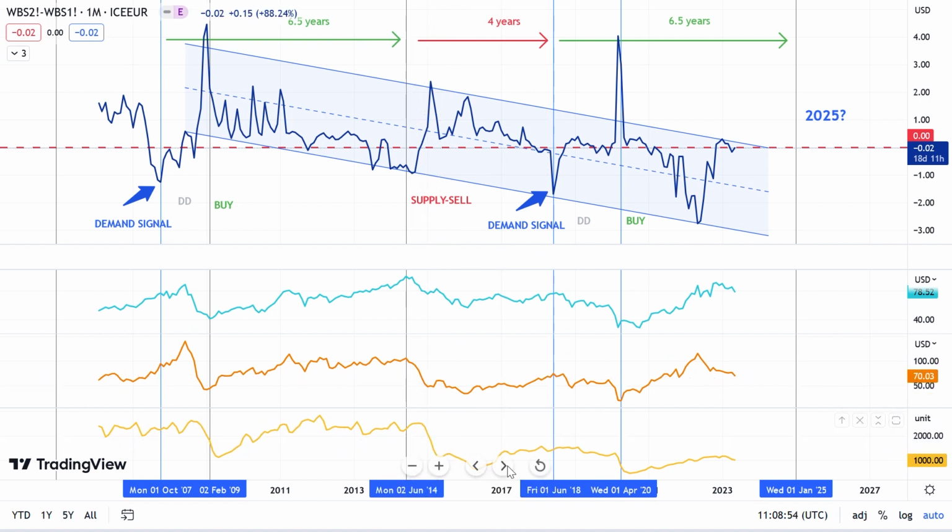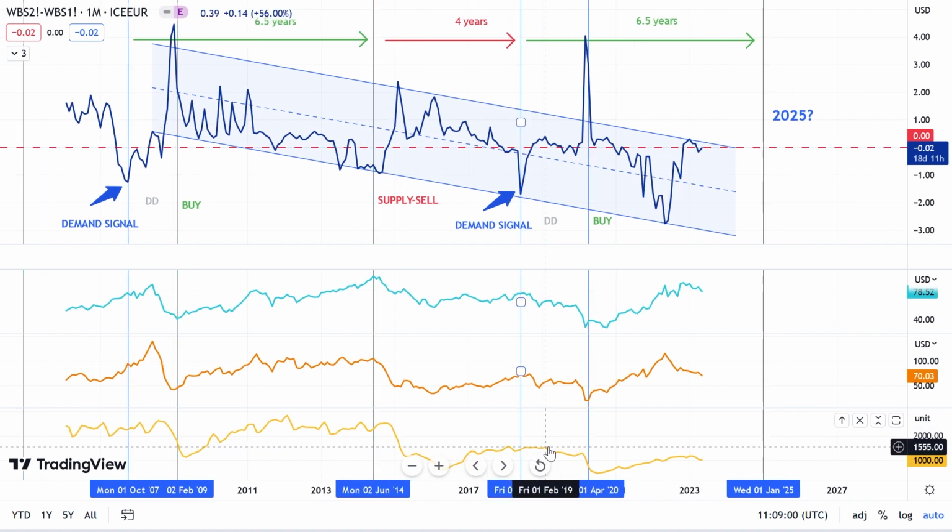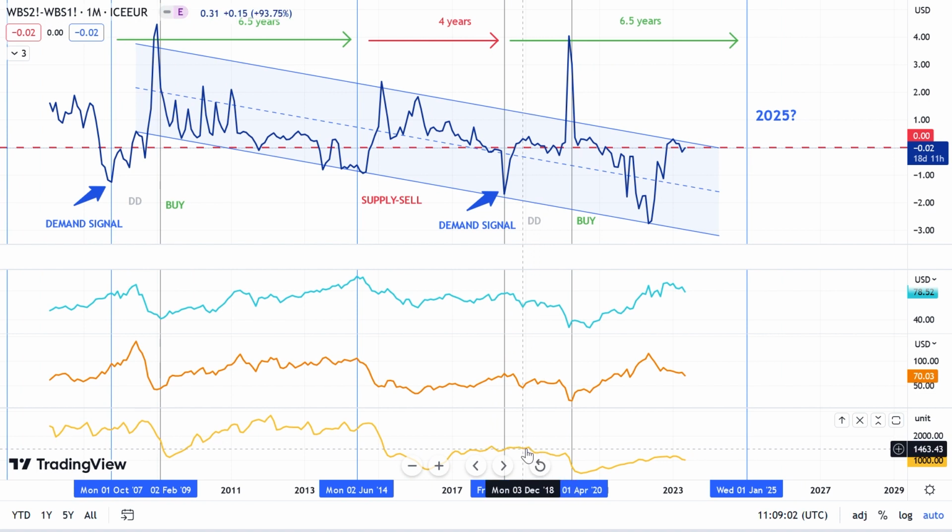Number of rigs collapsed, went back down, never came back up to the same levels, and that was a period in which demand was coming offline. Supply was coming offline, as you see the number of rigs going down.